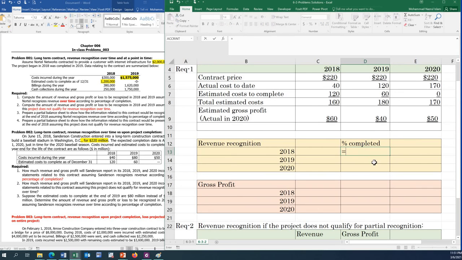So the percentage completed would be 40 divided by 160, and in 2019 it should be 60 divided by 180, 33%.